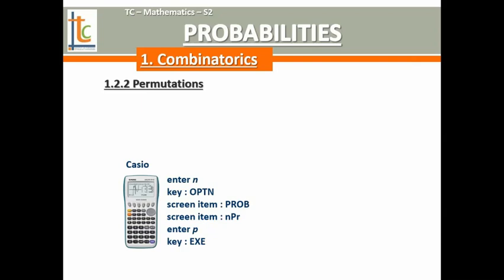You have to choose probabilities on the screen, and then NPR, because it's the P of permutations. When it's chosen, you have to enter the value of p. For example, you can ask 5 NPR 2, and the result will be 20.